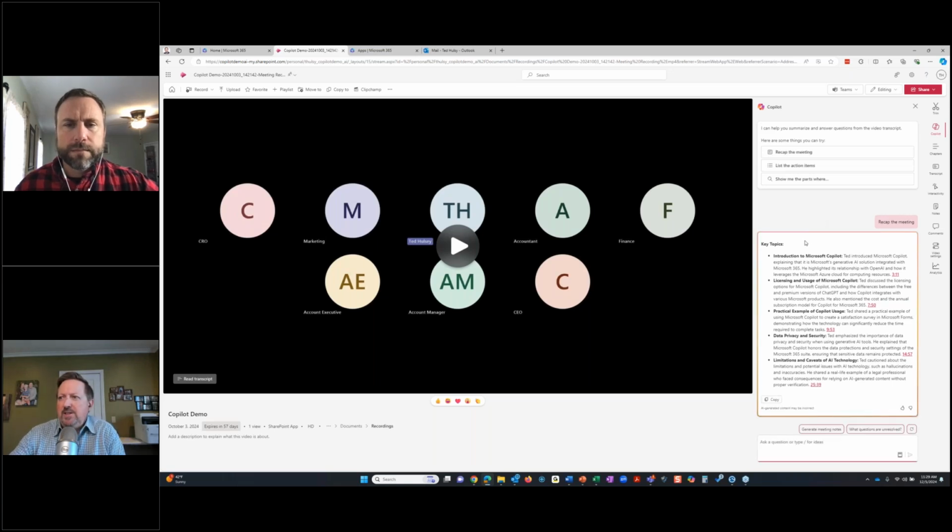Here are the key topics that were discussed in this meeting. Ted introduced Microsoft Copilot. He talked about licensing and usage. He provided some practical examples of Copilot. We talked a little bit about data privacy and security. It just so happens I was using that PowerPoint presentation we were looking at earlier as well.